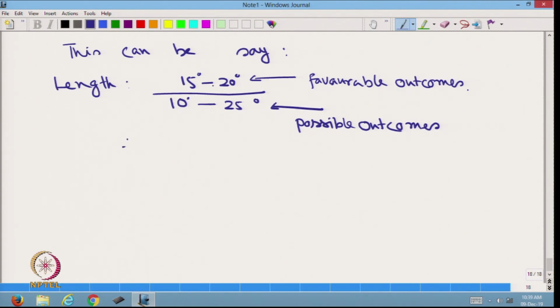Therefore, the length here is say 5, and here the length is 15. So, we could say the probability is something like 1 by 3.